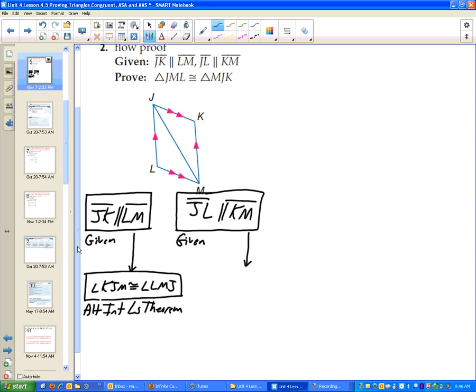All right, because of our other pair of parallel lines. It was segment JL and segment KM. That's the transversal, so it's this angle and this angle that we're talking about. So what do you want to call one of those angles? Angle LJM would be congruent to angle KMJ.